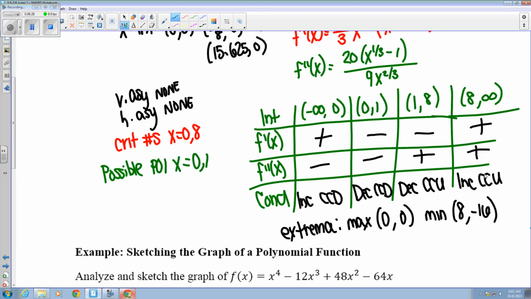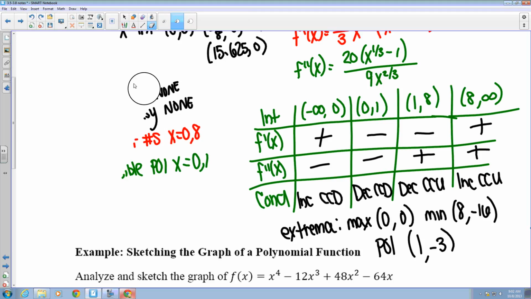And we also have a point of inflection at 1. At 1, negative 3.